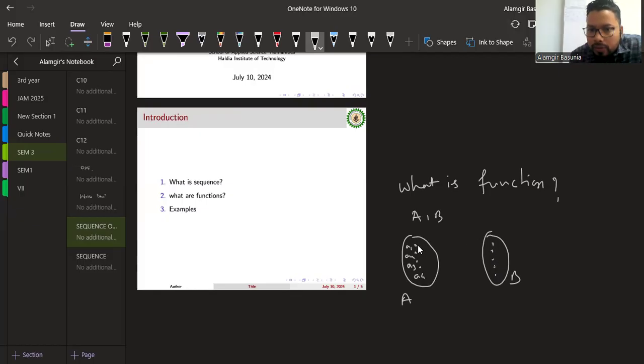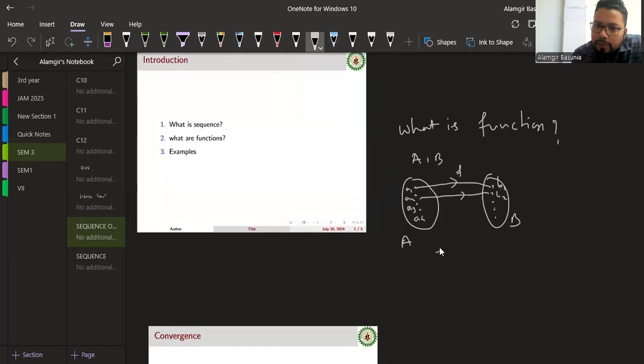Suppose f is that rule, taking A1 to some element B1, A2 to some element B2, and so on. If every element of the set A is connected with a unique element of B, then such a rule we call a mapping or a function.